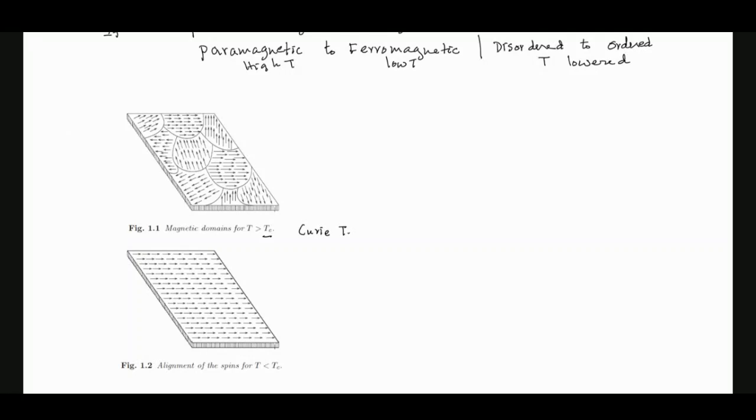Above the Curie temperature there are domains, and within each domain there is some order, but the domains are not ordered with respect to each other. Below the Curie temperature, there is a perfect order. So this phase transition happens at Tc, the Curie temperature. This is an example of a phase transition.